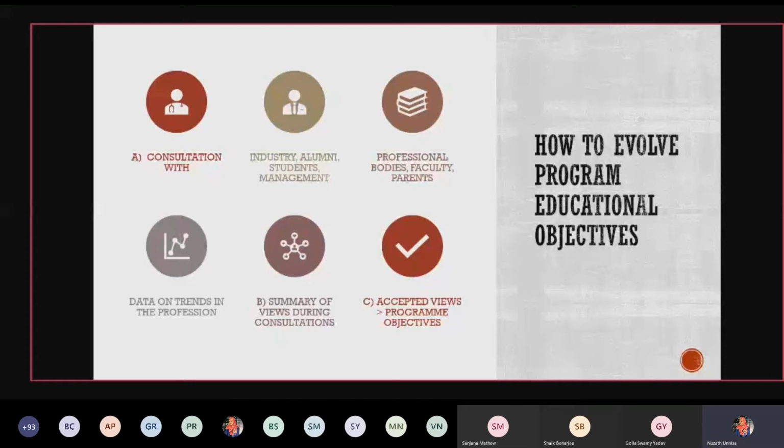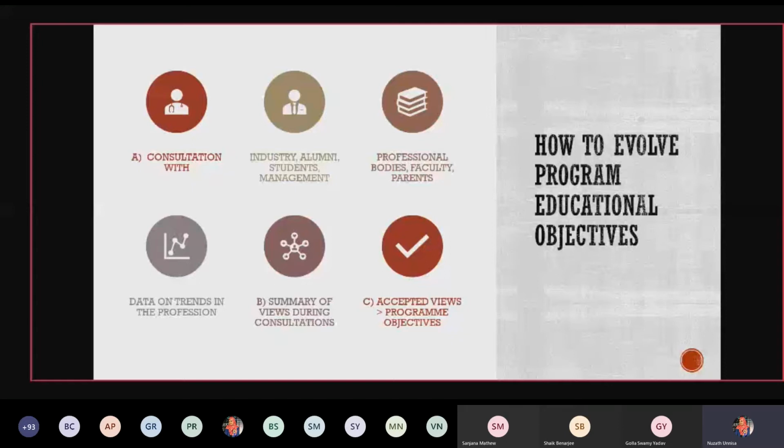Who are the stakeholders who should be considered in framing these PEOs? We should evolve these PEOs in consultation with all our stakeholders, which are industry, alumni, students, management.